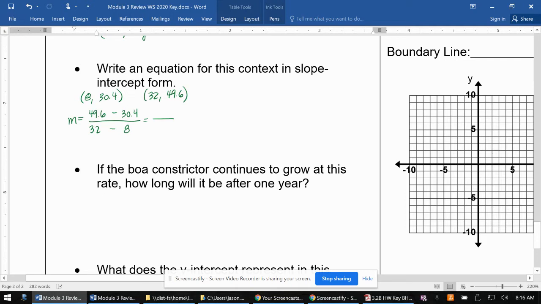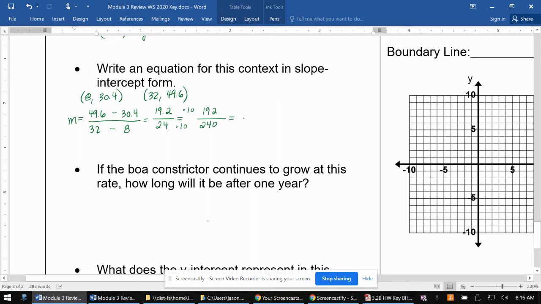All right, we got 49.6 minus 30.4, which is 19.2. And we have 24. All right, we need to simplify this. Multiply by maybe 10. Divide by 2.